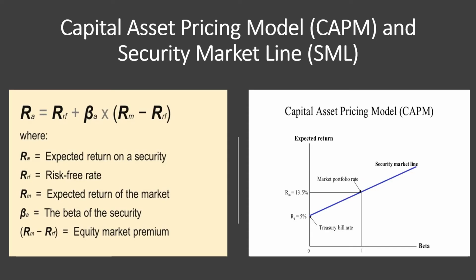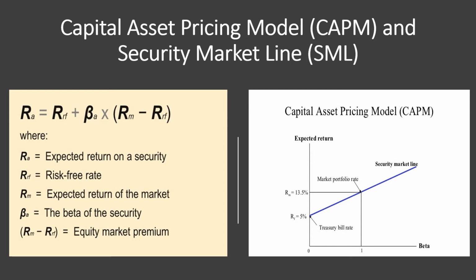In addition to implying that an investment's beta is the appropriate measure of systematic risk, the capital asset pricing model, CAPM, developed in the 1960s by Jack Treynor, William Sharpe, John Lintner, and Jan Mossin, describes how these betas relate to the expected rates of return that investors require on their investments.